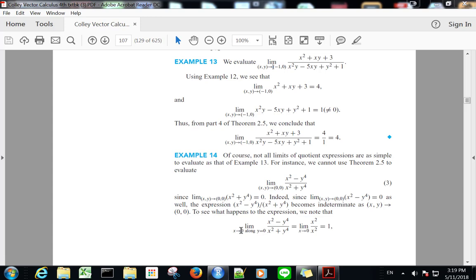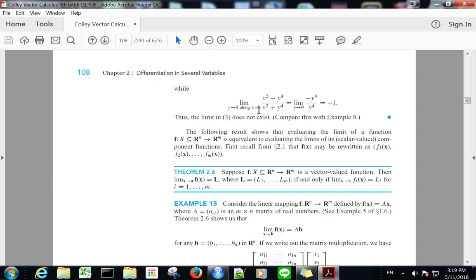So they start playing around. They say, what happens if you look at x going to 0 along this axis? We get 1, supposedly, while on this axis we get -1. So already we know that the limit doesn't exist as the vector x approaches the vector 0.